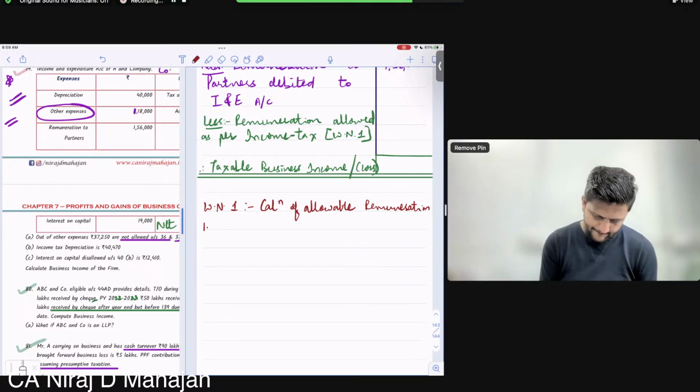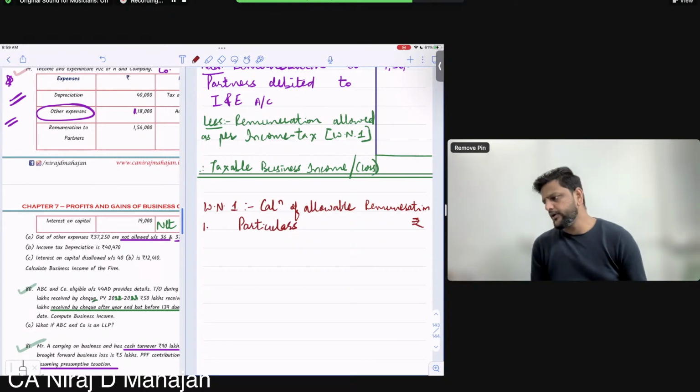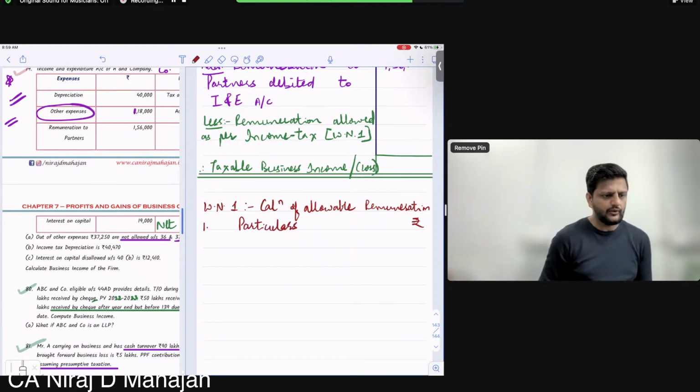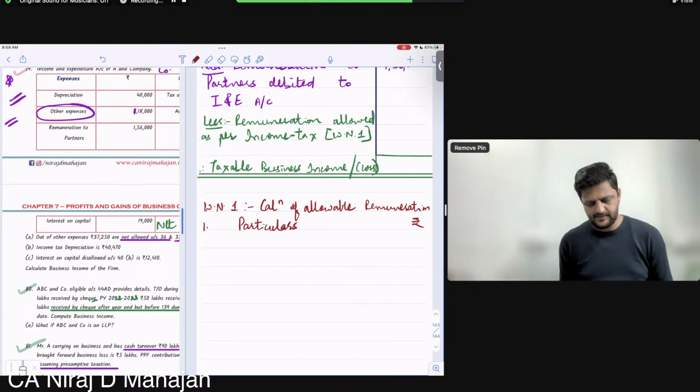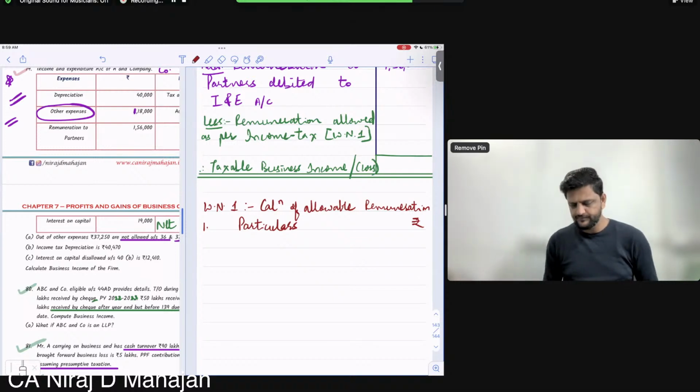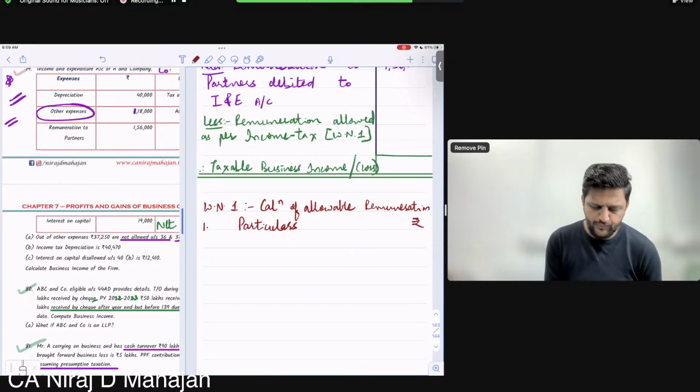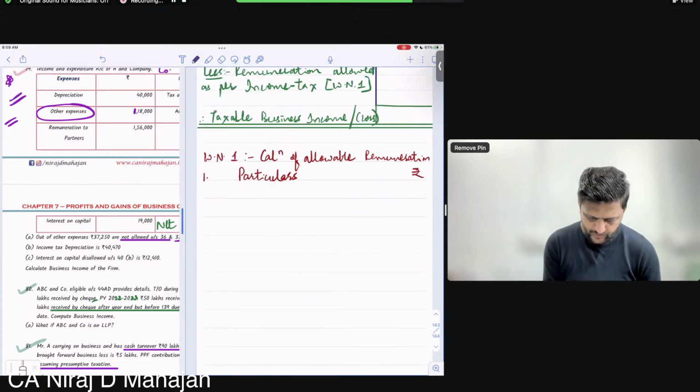Particulars, rupees. To calculate allowable remuneration, we require what figure now? Book profit. So let's start with book profit. Whatever you have done till now was helping us to find out book profit only.